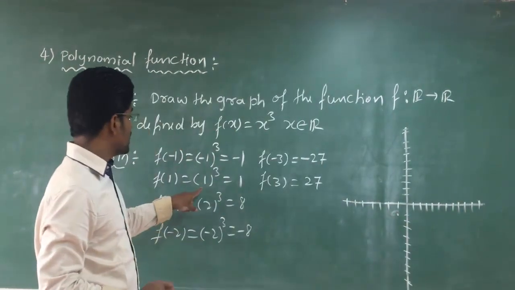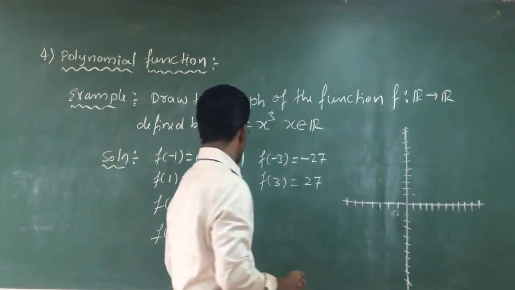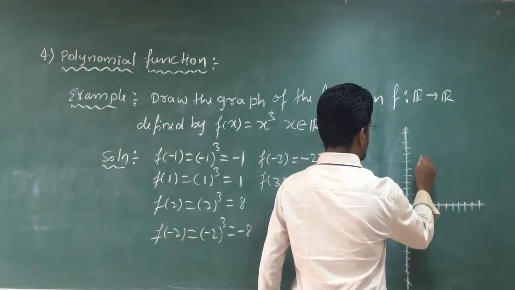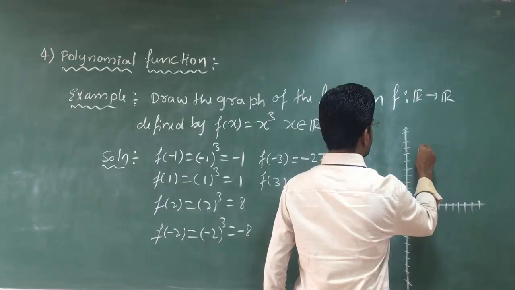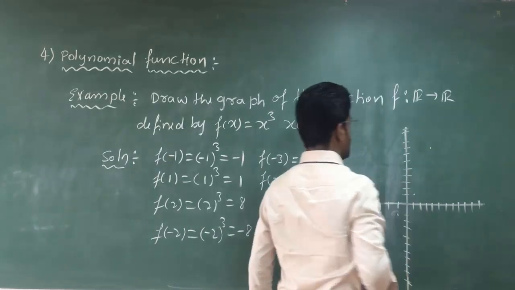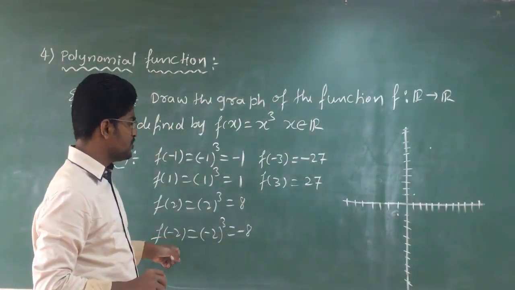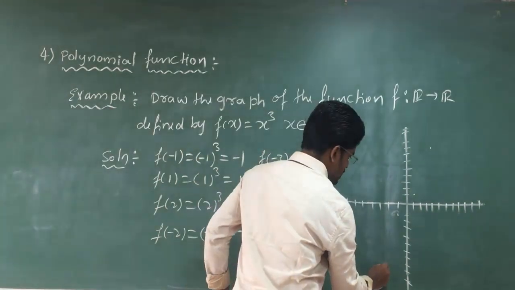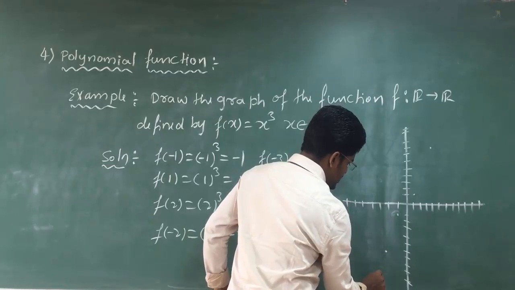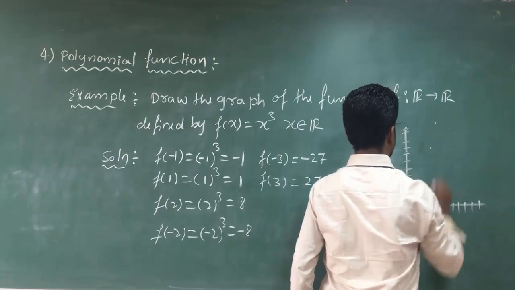Clear? If I take 1, the output is 1. Next, if I take 2, the output is 8. So I will take it approximately, because we can't draw a specific diagram, so I will just take some examples. So -2, -8, somewhere here, like this. And 27 and -27, somewhere here, this is +27.